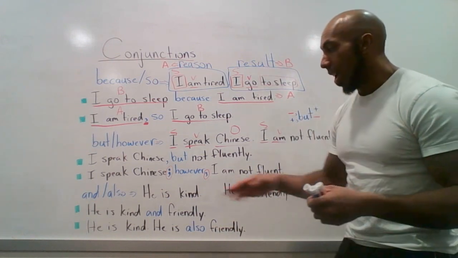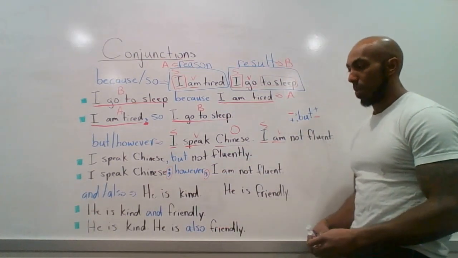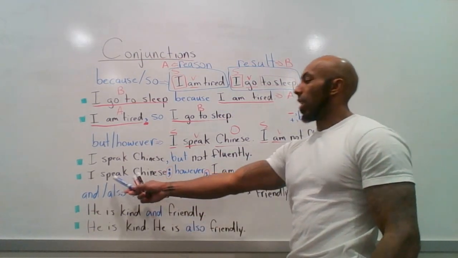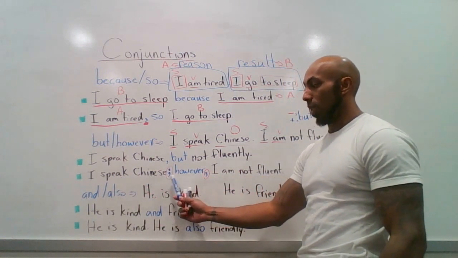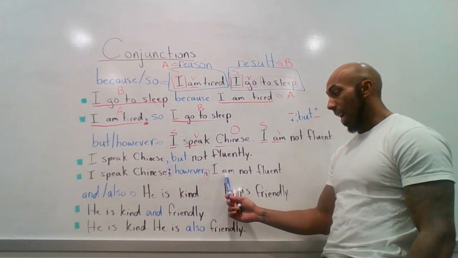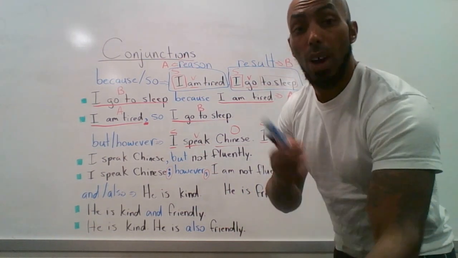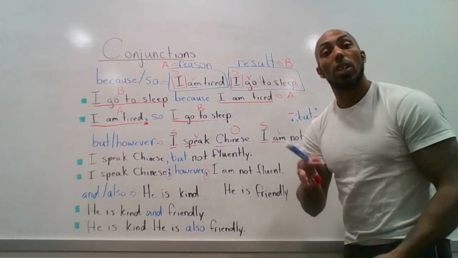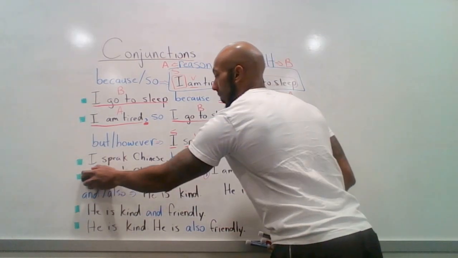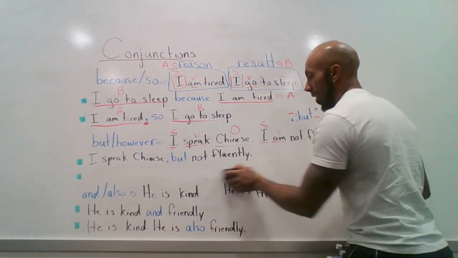Now, remember I said you can start a sentence with however? I'll let you look at this sentence here before I erase it. I speak Chinese; however, I am not fluent. Fluent in what? Chinese. Here's a way to write it, starting a sentence with however. Let's erase that.